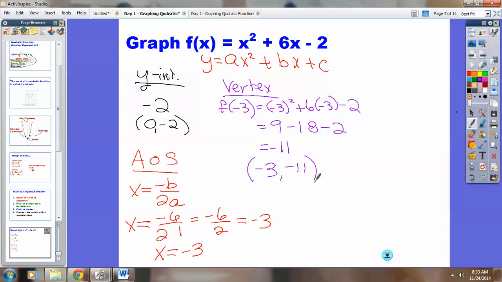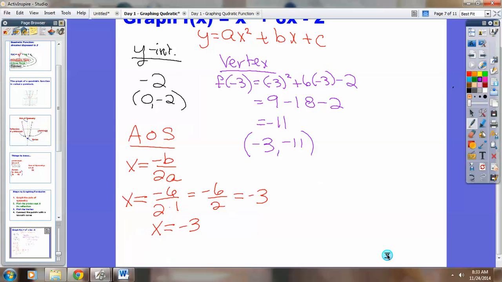First, I'm going to start with my vertex, -3, -11. Now, remember that axis of symmetry goes through your vertex. So if you ever have an axis of symmetry that doesn't go through your vertex, something's up. It should always go through your vertex.